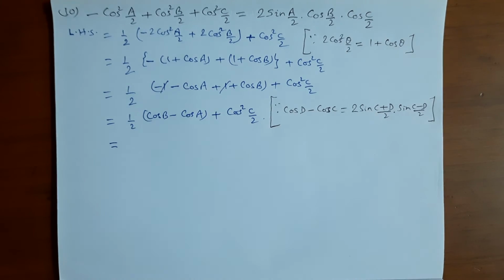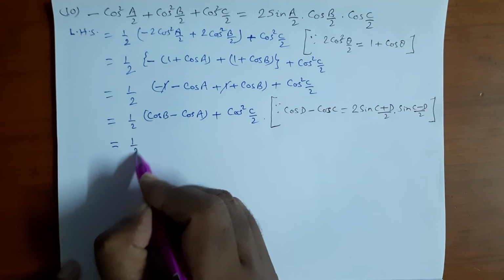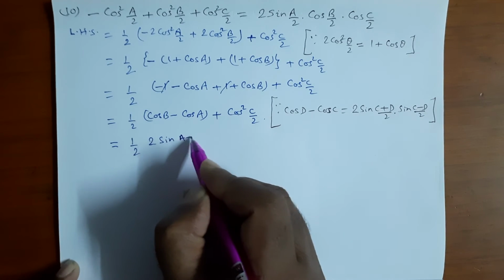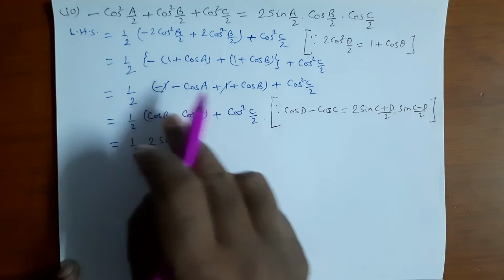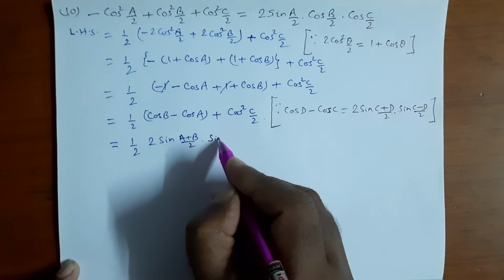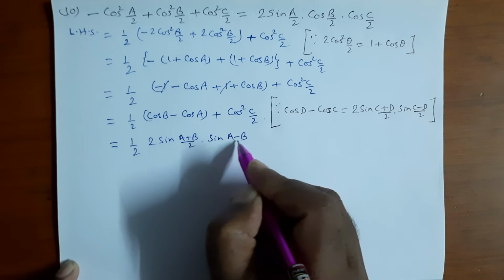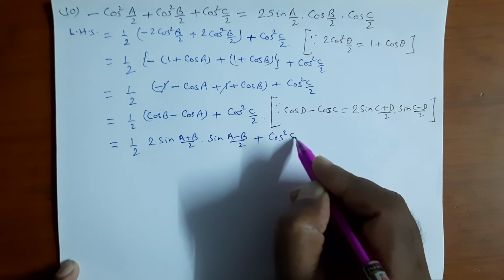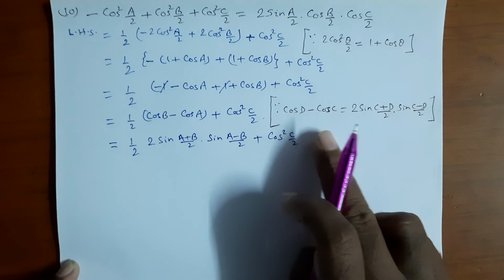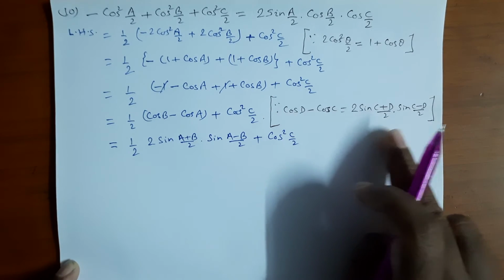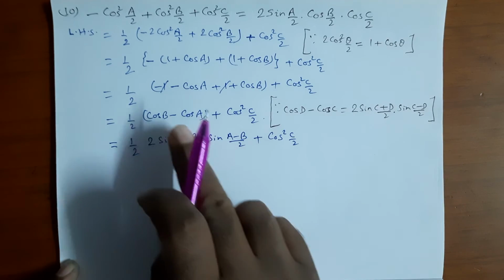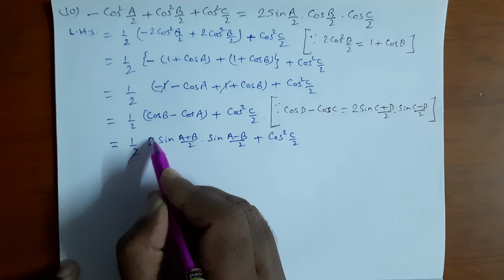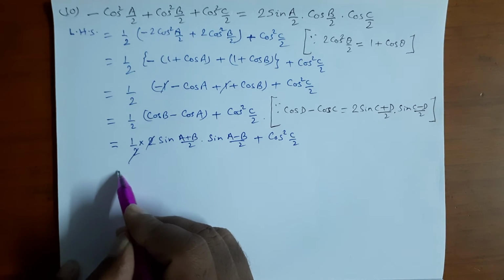So now using that formula, it can be written as 1/2 times 2 sine (a plus b)/2 sine (a minus b)/2 plus cos square c/2. Using this formula, instead of this we have written this expression. Now 2 can be cancelled.